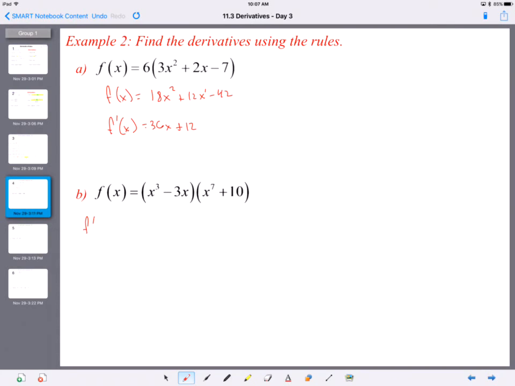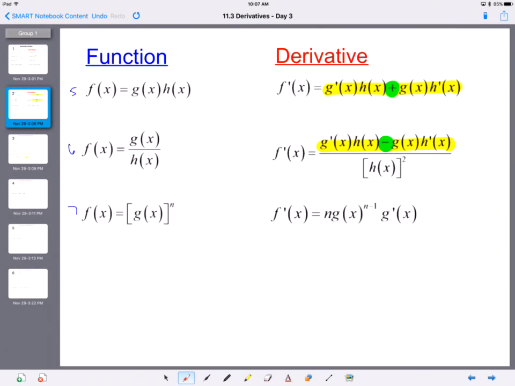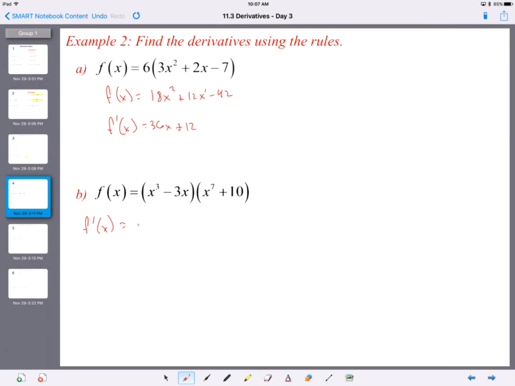So we're going to say f prime of x is equal to, let's go ahead and just write the derivative down in terms of its rule. So going back to number 5, it's g prime of x, h of x, plus, and now we'll do g of x, h prime of x.